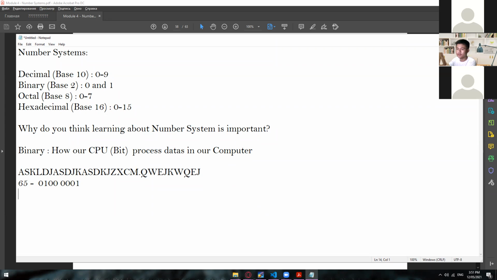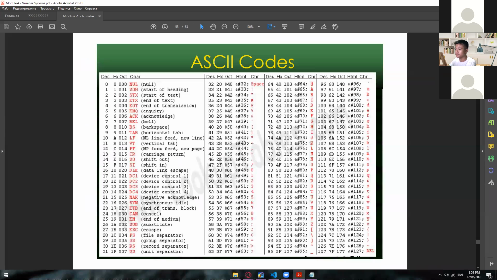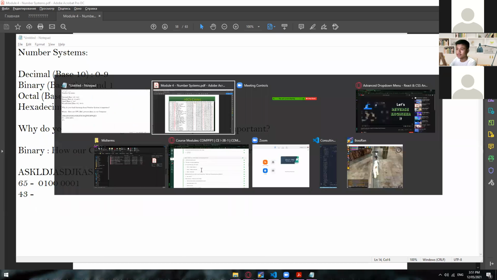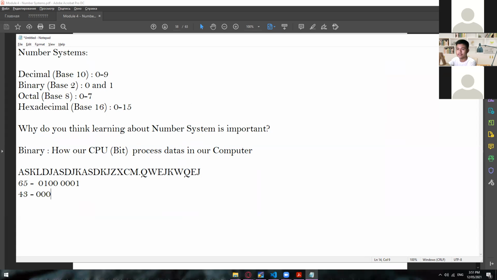All right. If you want to put an operation, let's say 65 plus 43, this is another character, which is a positive sign. 43 is 32 plus 8 plus 2 plus 1, which gives 00101011.